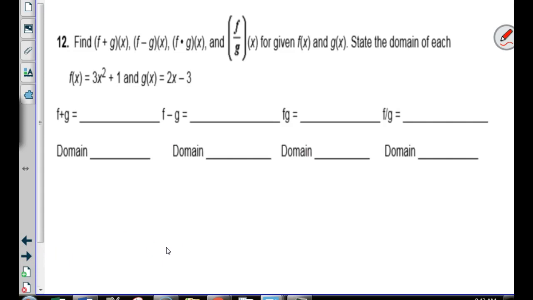What about this stuff? Add, subtract, multiply, divide. Which is the only one? Now, those two functions don't have x's in the denominators or radicals. So what's the only one that's going to have a domain restriction? Domains can be all real numbers except for which one?